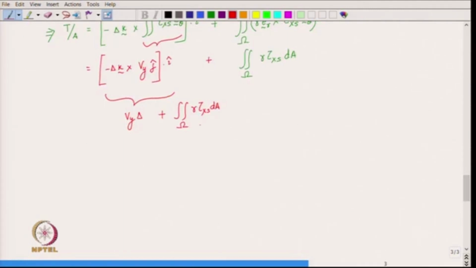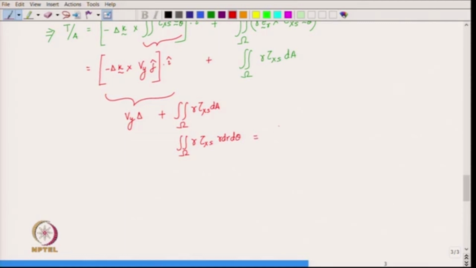So, we could also write this as integration over omega r tau x s r dr d theta, right, and then the integral through the radius, since it is very thin, we simply get the thickness t.